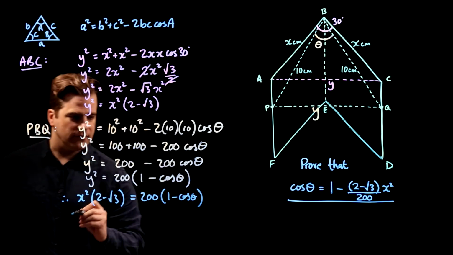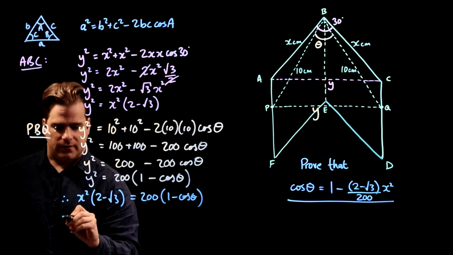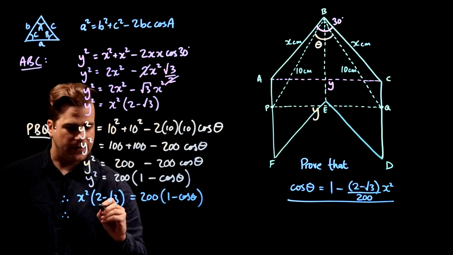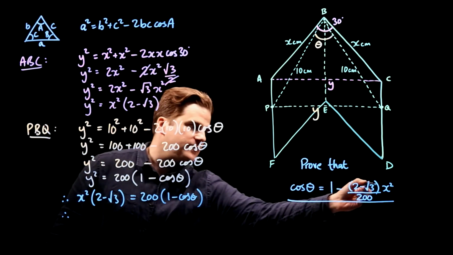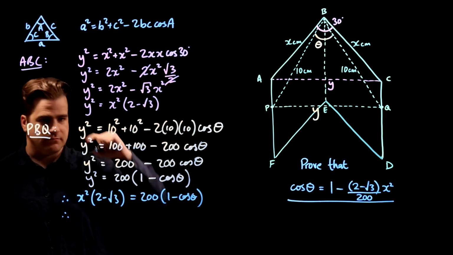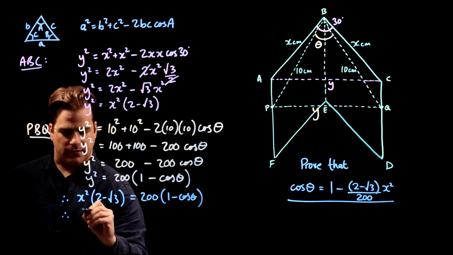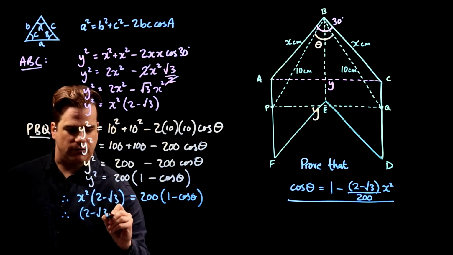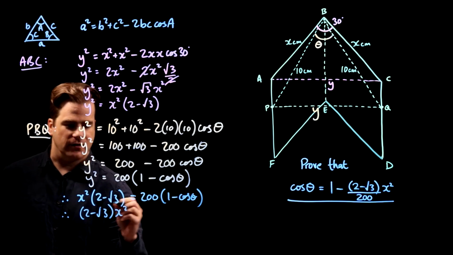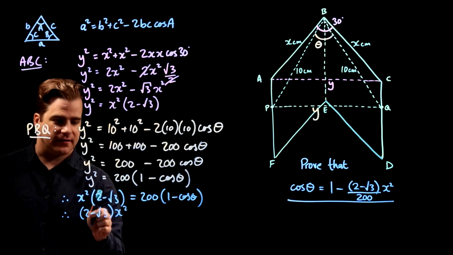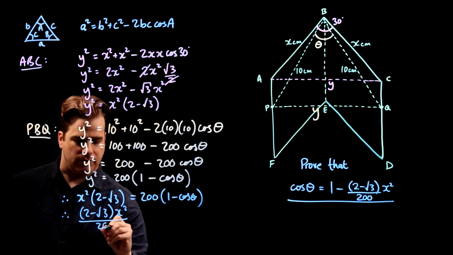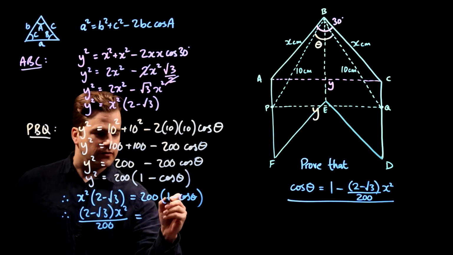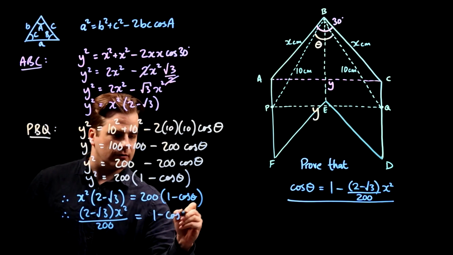Let's bring a 200 down here. I'm going to also write the x squared there because that's the order they want it in. So that means 2 minus root 3 times x squared, and the order of multiplication doesn't matter, that's the same as that, divided by 200 is equal to 1 minus cos theta.